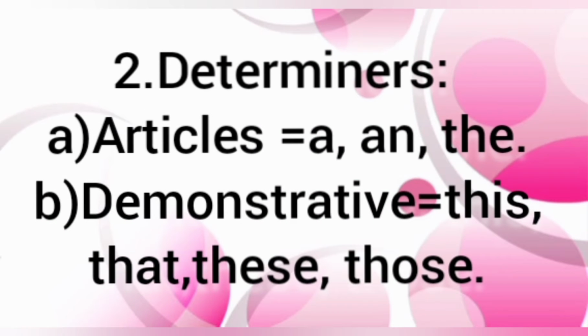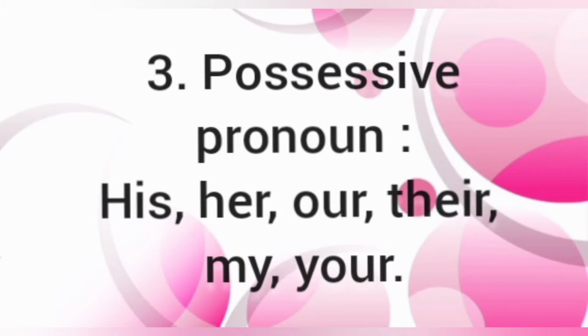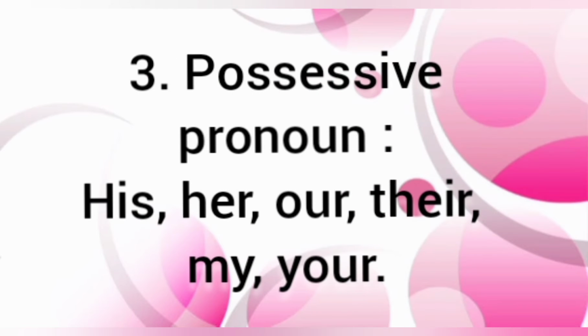There are two types of determiners: A, articles, and B, demonstratives. Articles are a, an, the. Demonstratives are this, that, these, those. Number 3, possessive pronouns. Example: his, her, our, their, my, your.